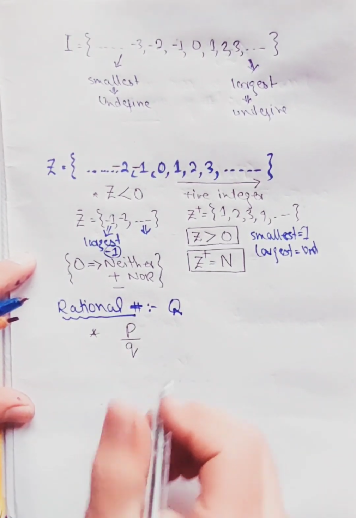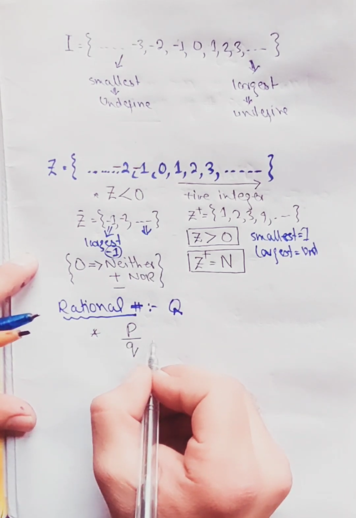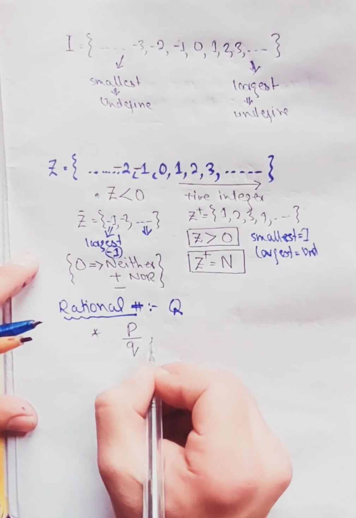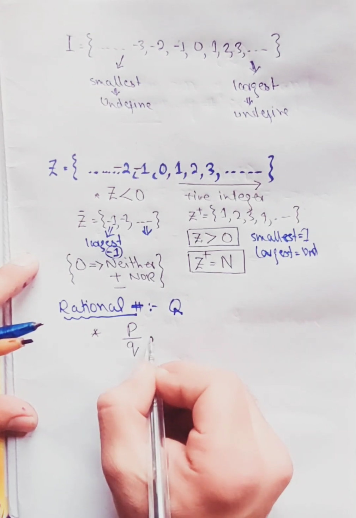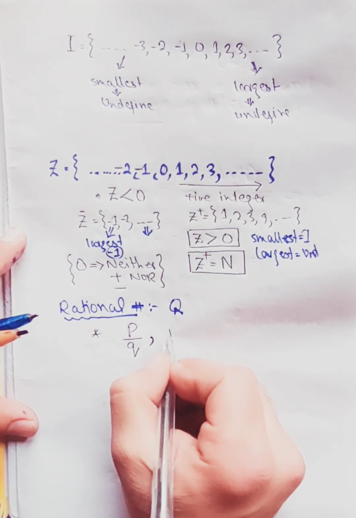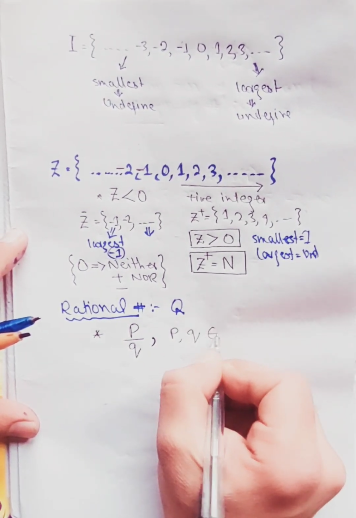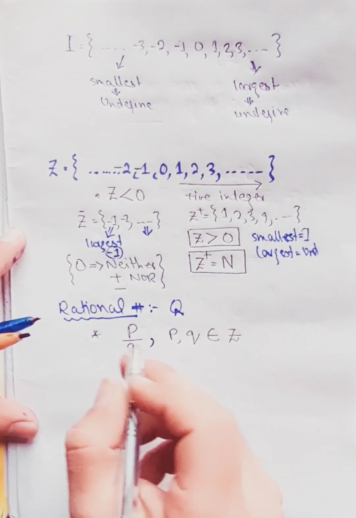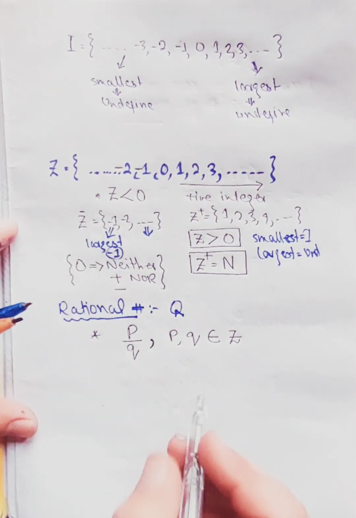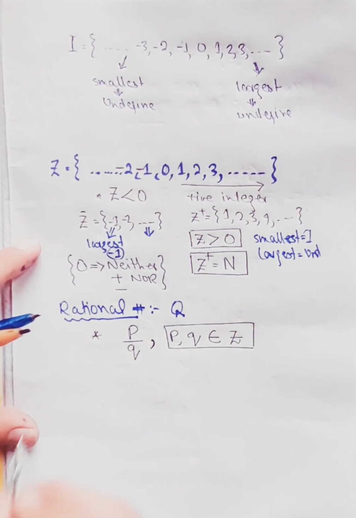The number that can be written in p by q form is called a rational number. But there is a condition, this is not the complete, perfect definition. It should be noted that p and q must belong to integers. If p and q belong to integers, then this is called a rational number.